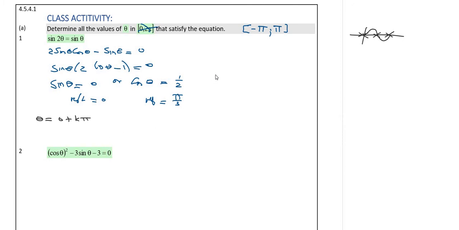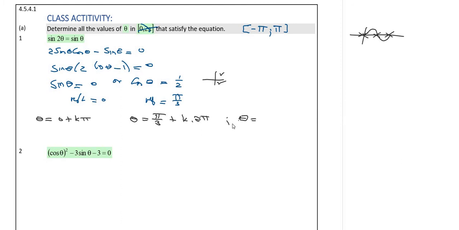Here we've got positive in the first or in the fourth. So here I must write theta is, now in the first quadrant, I take my reference angle, and this is plus k times 2 pi. And in the fourth quadrant, it is 2 pi minus the reference angle.